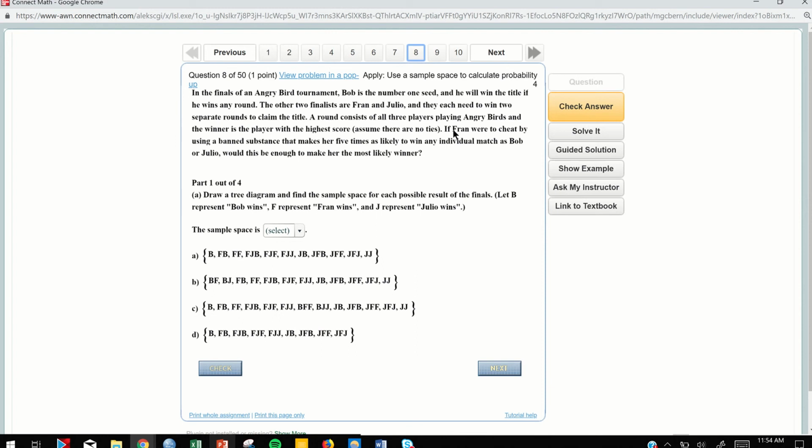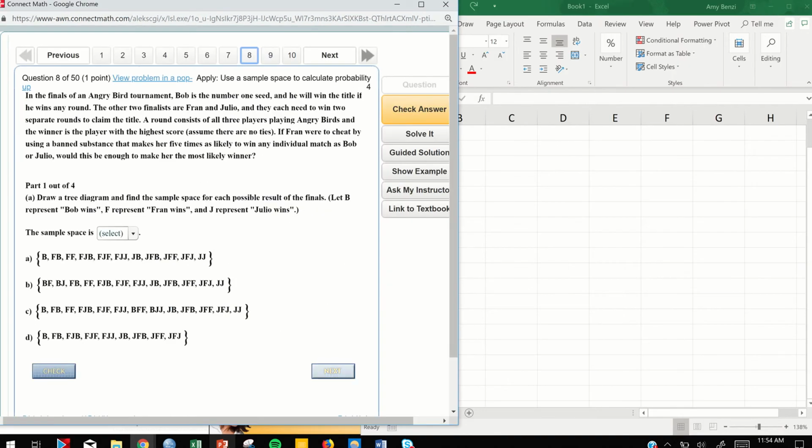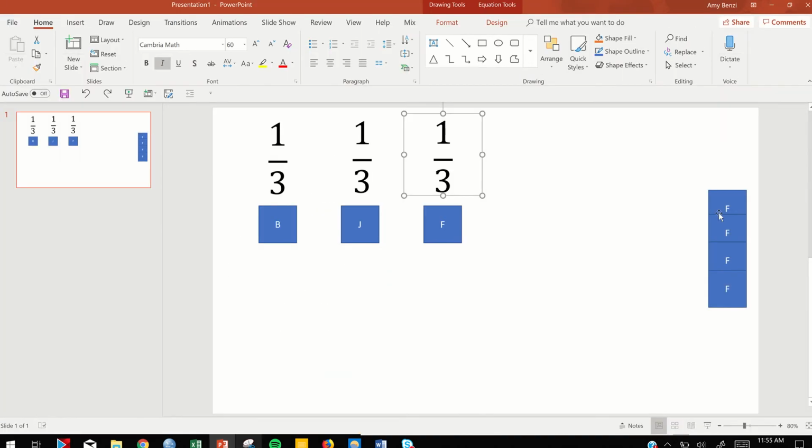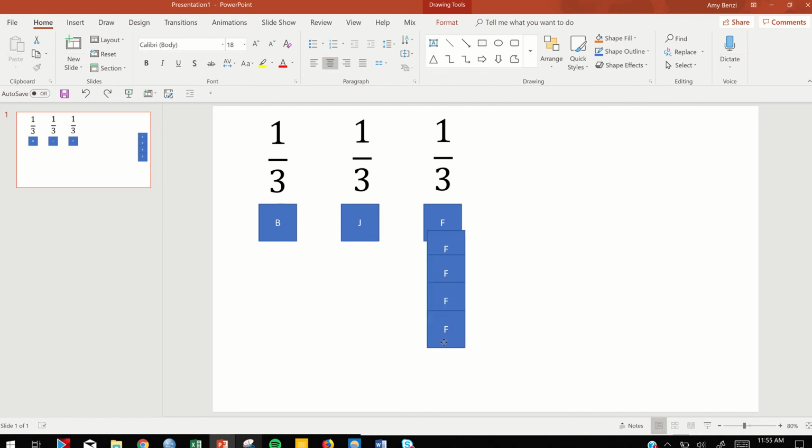But in this case, it says that Fran might cheat. If Fran were to cheat, by giving herself a 5 times as likely chance to win any individual match, now instead of each being equal, Fran has 5 shots at winning. So that's 5, 6, 7.